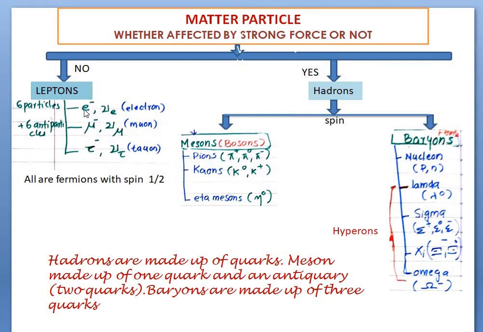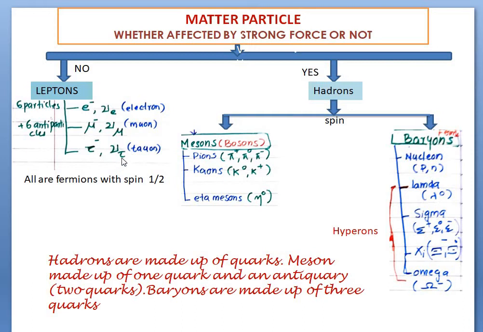Here the particles are electron, electron neutrino, muon, muon neutrino, tau, and tau neutrino, and the antiparticles are positron, anti-electron neutrino, mu plus, anti-neutrino of muon, or muon anti-neutrino, tau plus, and anti-neutrino of tau, that is tau anti-neutrino.